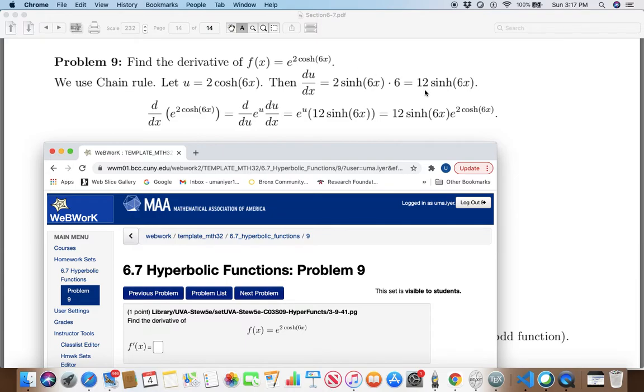So in all it's 12 sinh 6x. The derivative of e to anything is itself as long as you use the chain rule. So eventually you get 12 sinh of 6x times e^(2 cosh 6x).